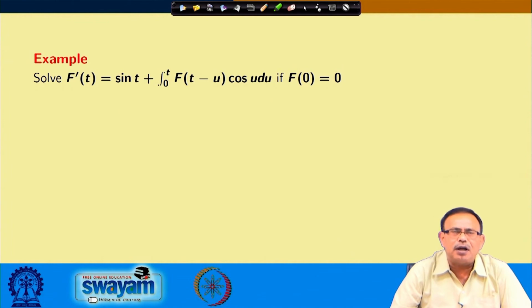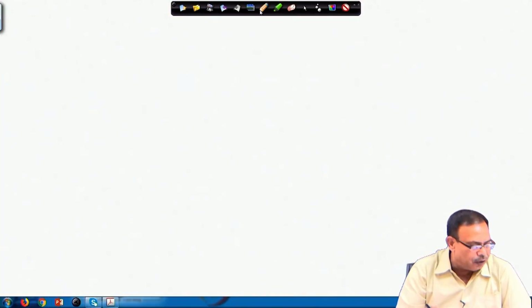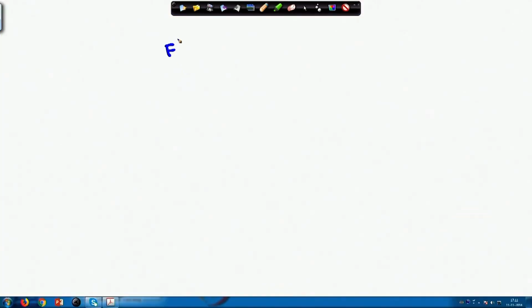Let us see another example which involves the differential type. Basically, f' is there, f is also there, both f and its derivative are there, and we have to find the function f(t). So, we want to solve f'(t) = sin t + ∫₀ᵗ f(t − u) cos u du, provided f(0) = 0, the condition given here.